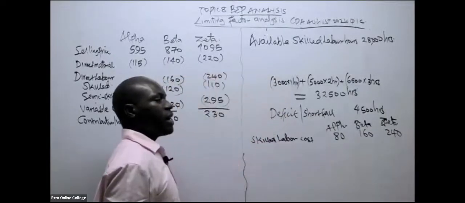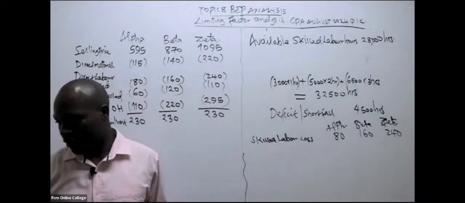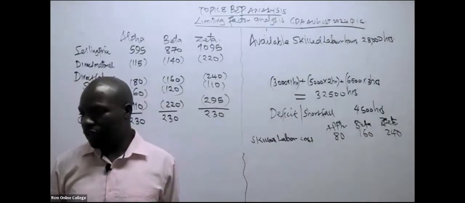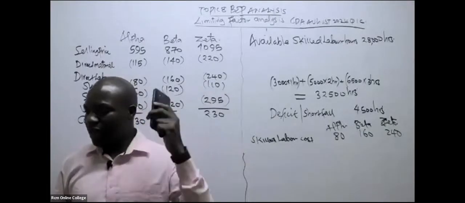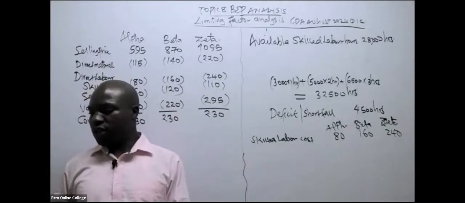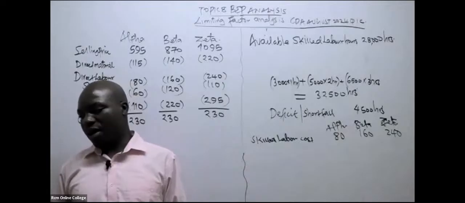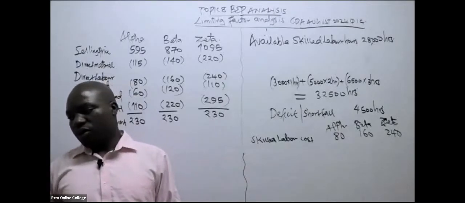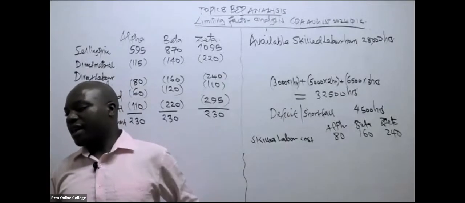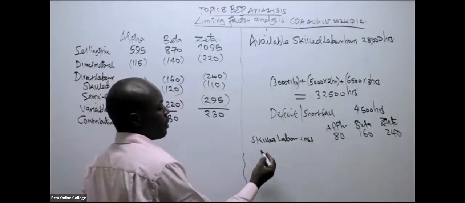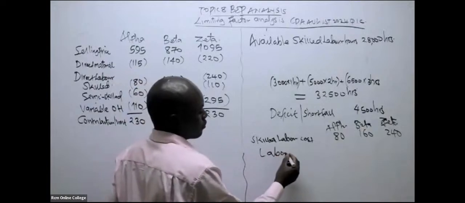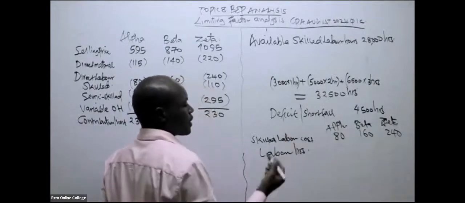Do we have labor cost per hour? If yes, please give me the labor cost per skilled labor hour. So if the labor cost per hour is 80 shillings and you've incurred 80 shillings, how many labor hours are we talking about here?